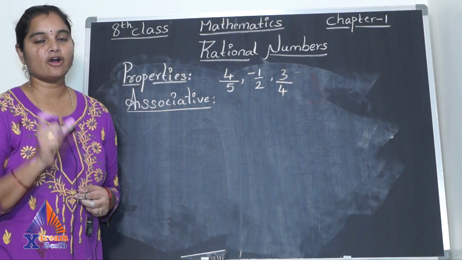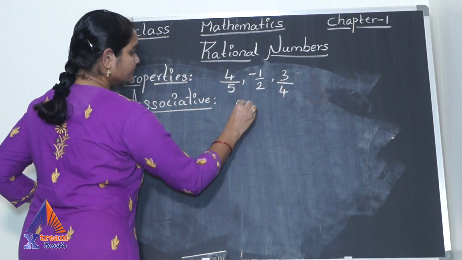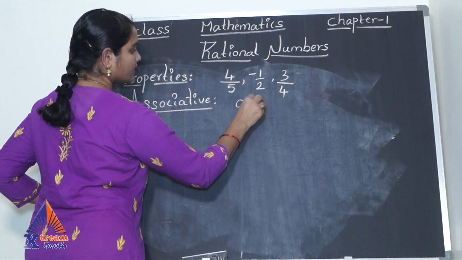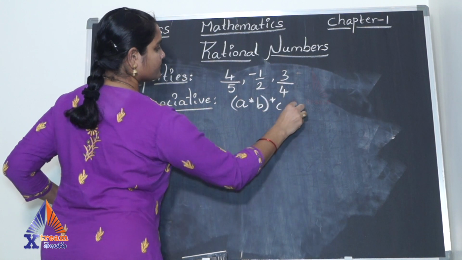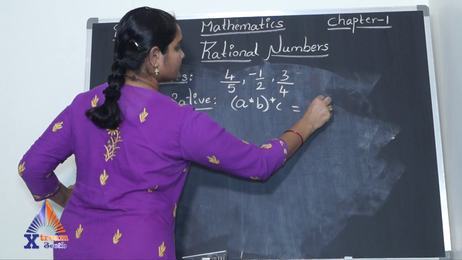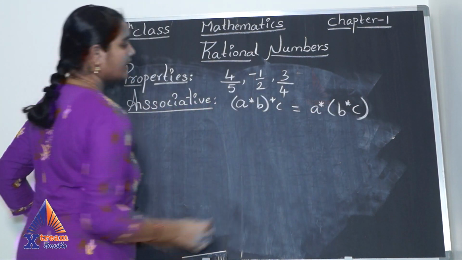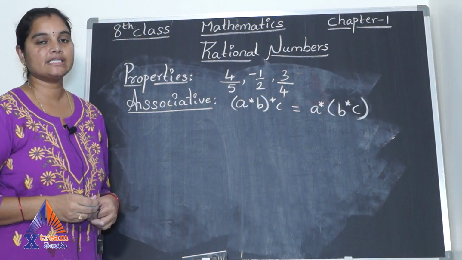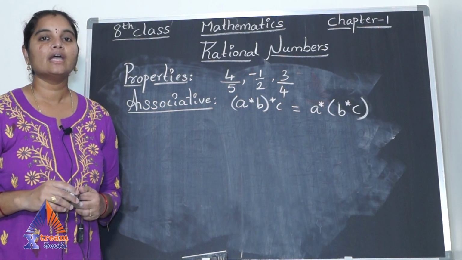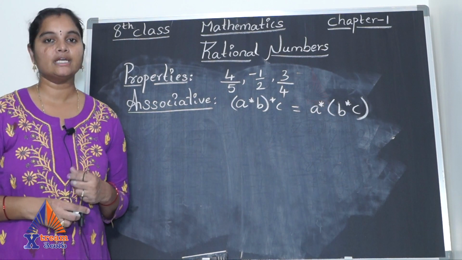So one fixed format the associative property has is (A star B) star C is equal to A star (B star C), where star can be any operation, either addition, subtraction, multiplication or division.